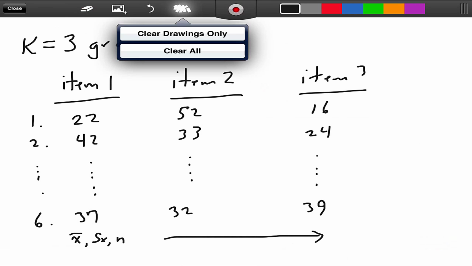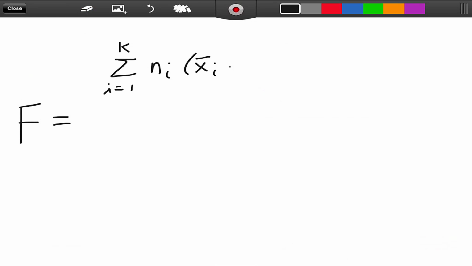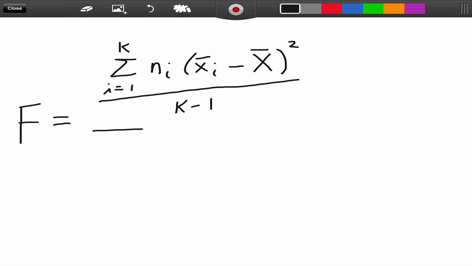The F statistic can be found by taking the sum from i equals 1 to k of n sub i times each group mean minus the grand mean, squared, divided by its degrees of freedom. So again, this is going to be our sum of squares between.